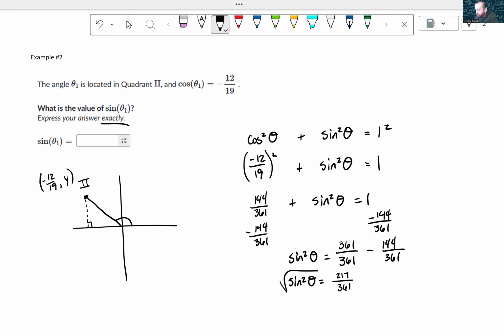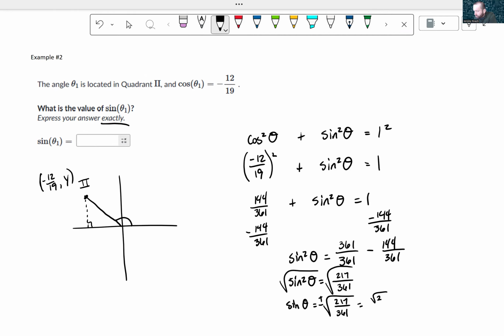Now we're going to take the square root of both sides, and we get sine theta equals the square root of 217 over 361. Okay, now the square root of 361 just so happens to be 19. So this actually should have a plus or minus there also.